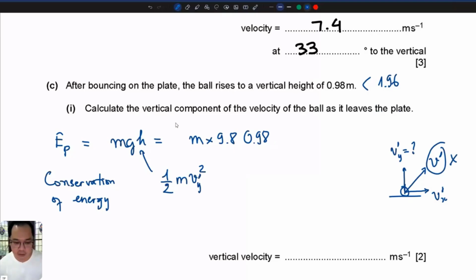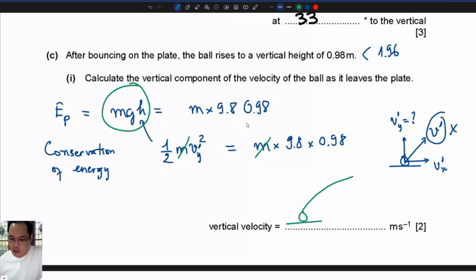So 1/2 m Vy new squared, the kinetic energy, is equal to this thing, m times 9.8 times 0.98, and then you see that the mass cancels out on both sides of the equation, and therefore we don't need to know the mass, huh? And from this equation you can get the value in the vertical direction.